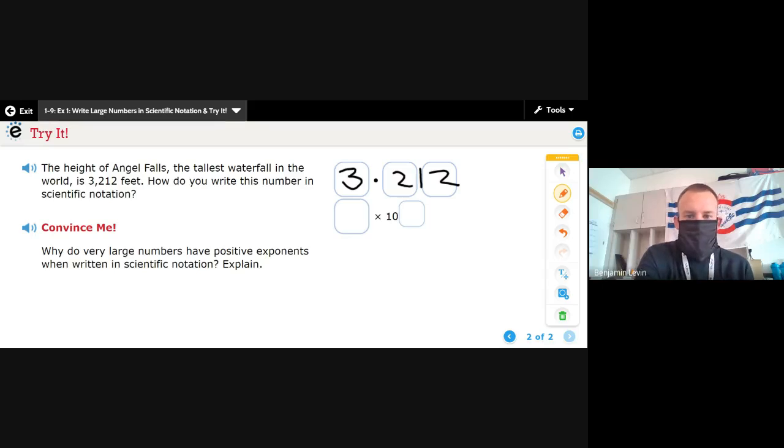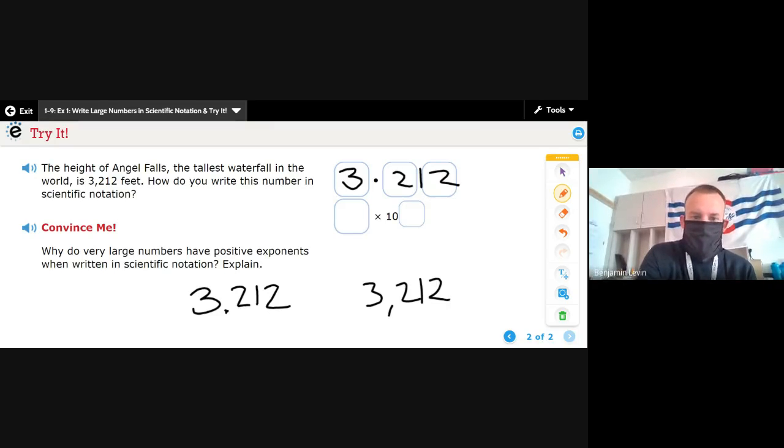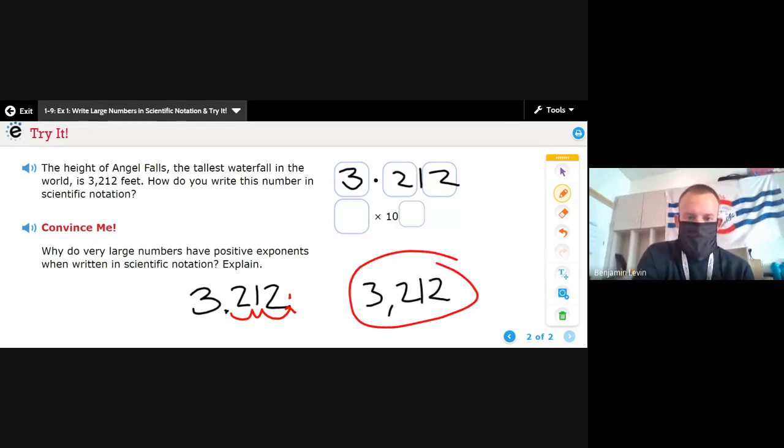So 3.212. Now we have to figure out how many spots we move the decimal to make 3,212. Well, let's count. 1, 2, 3, right? To move the decimal here to make this number, we moved it 3 spots to the right. So we would have 3.212 times 10 to the what?